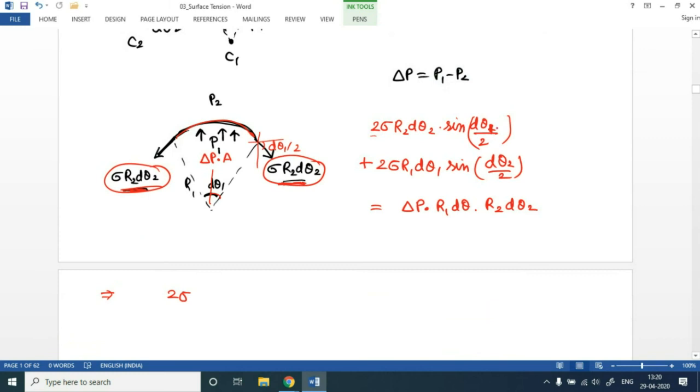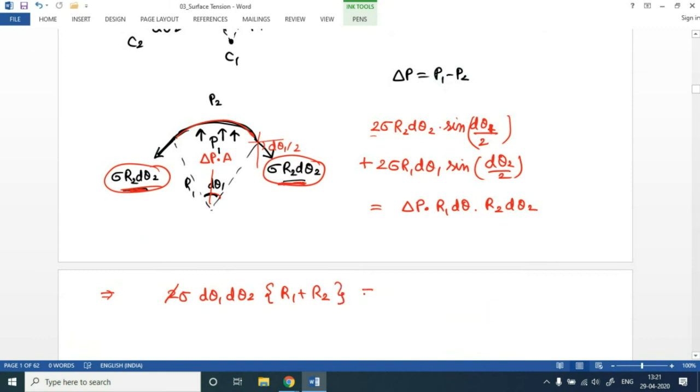So we can also take d theta 1 and d theta 2 common, and this 2 will also get cancelled. In the bracket we will get r1 plus r2.